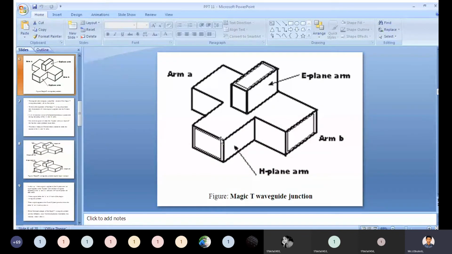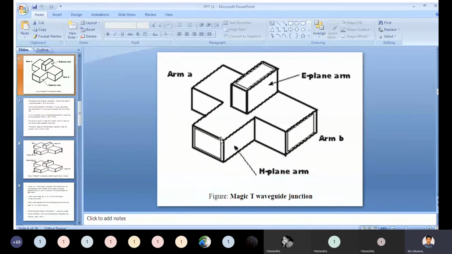These two disadvantages you need to keep in mind: impedance mismatches inside the waveguide junction giving reflections, and high power transmitters giving power losses with reflection losses. Just you need to remember.